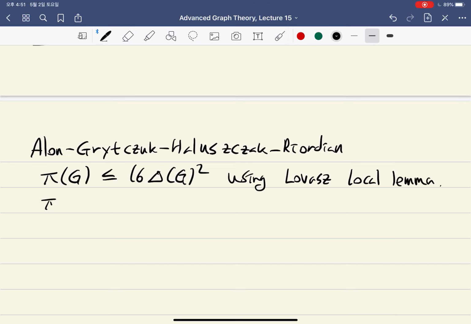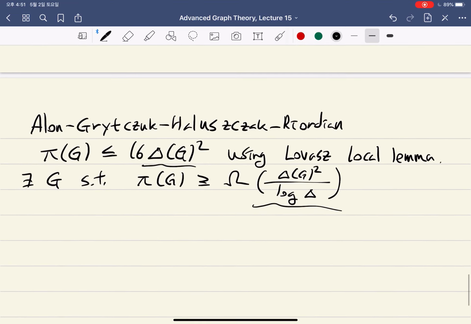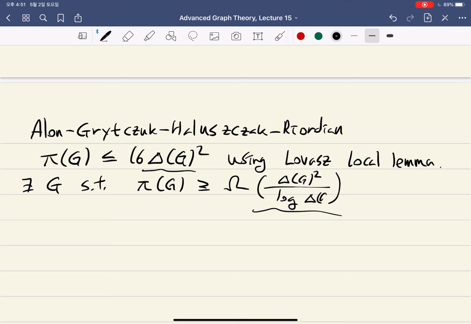And they prove that there is a graph G such that its dual chromatic number is almost its maximum degree squared. So asymptotically in terms of the maximum degree, it is around the maximum degree squared. This is using a random graph.